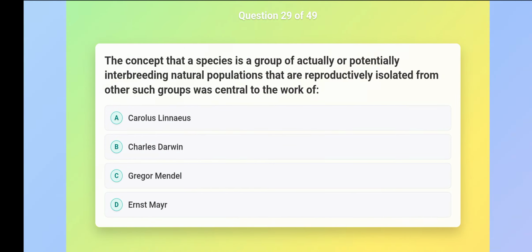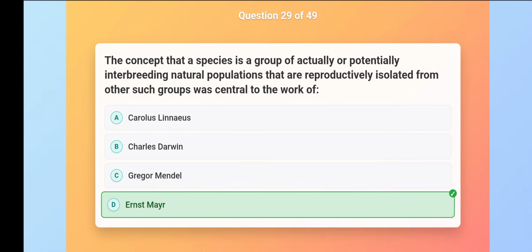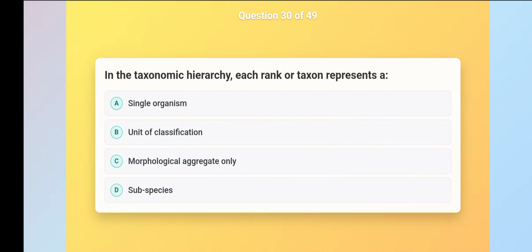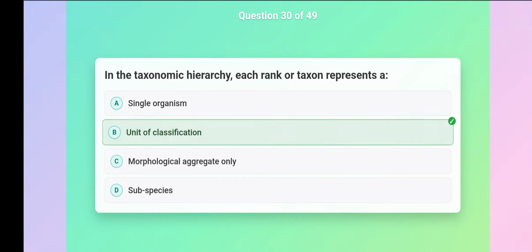The concept that a species is a group of actually or potentially interbreeding natural populations that are reproductively isolated from other such groups was central to the work of Ernst Mayr. In the taxonomic hierarchy, each rank or taxon represents a unit of classification.